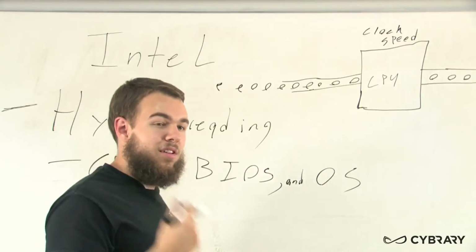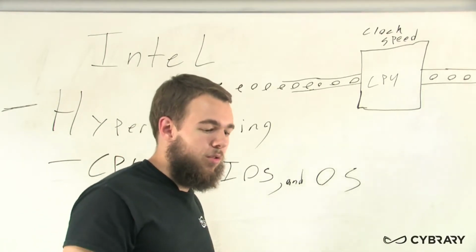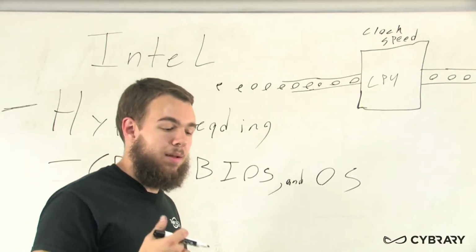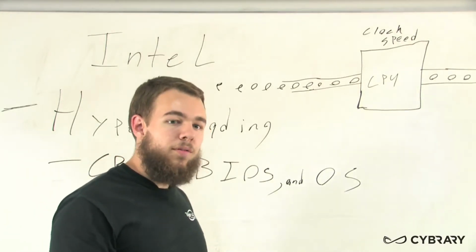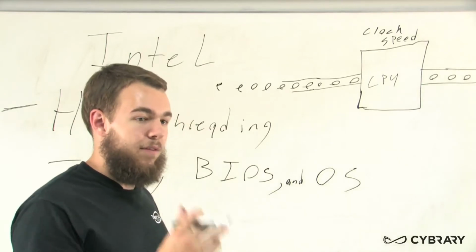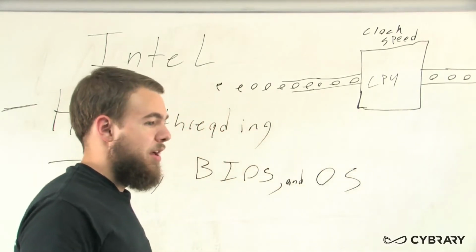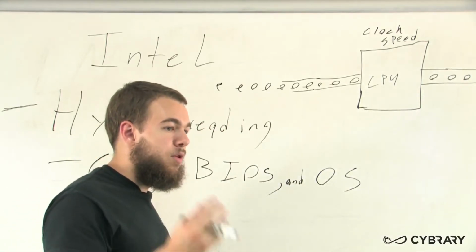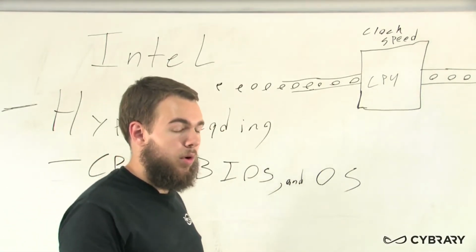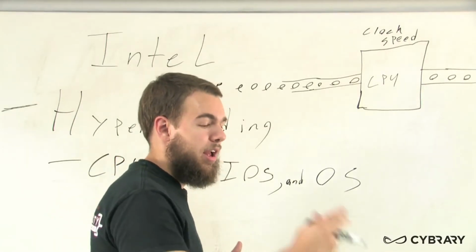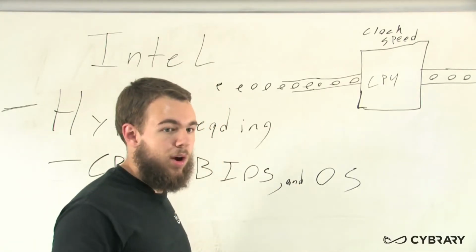But a situation where hyperthreading is very useful is, say, in video editing or multitasking several different tasks at the same time, or 3D rendering. All of those things have a lot of different chunks that our CPU could be processing. Say, for example, in video editing, the CPU knows where that video is going to go. It already knows that video memory is traveling in the same logical direction.